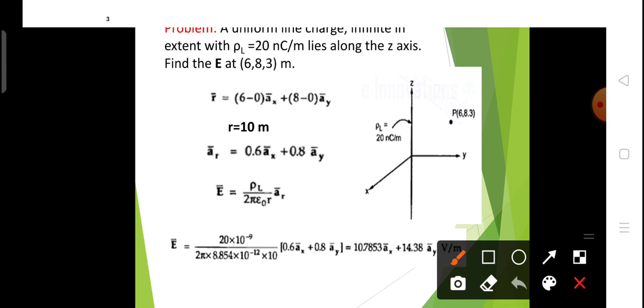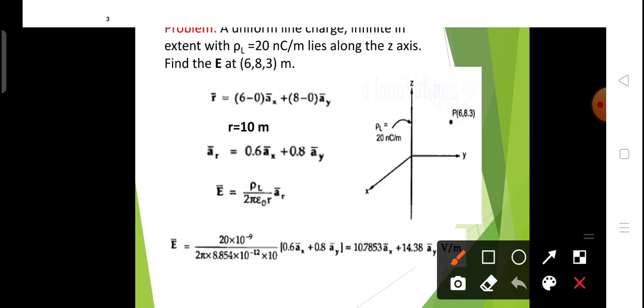Then we can have one problem to understand the concept in a clear way. A uniform line charge with rho L equal to 20 nanocoulomb per meter lies along the z-axis. Find the electric field at the point 6, 8, 3 meters.